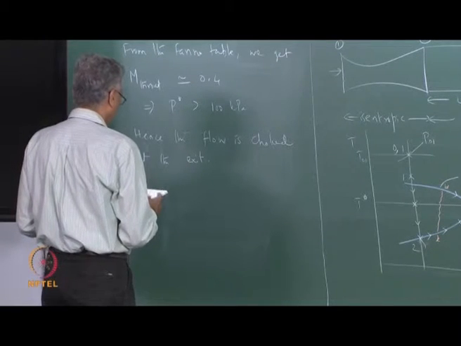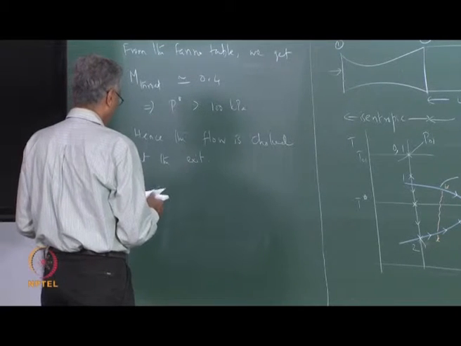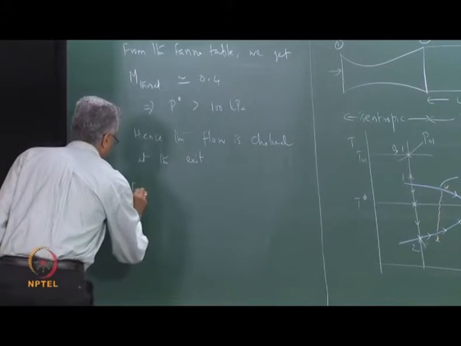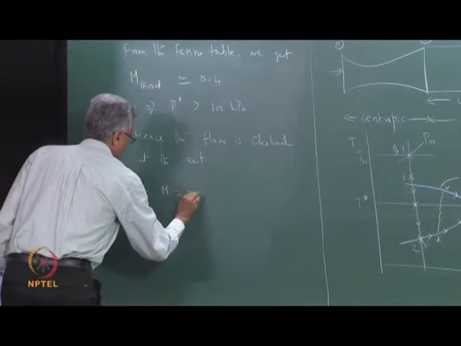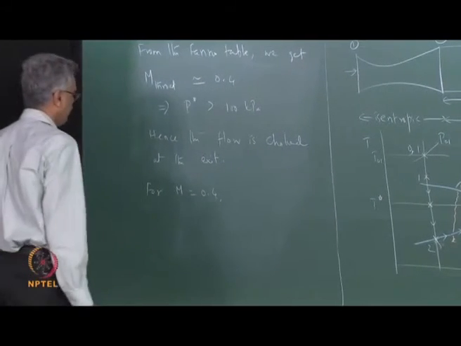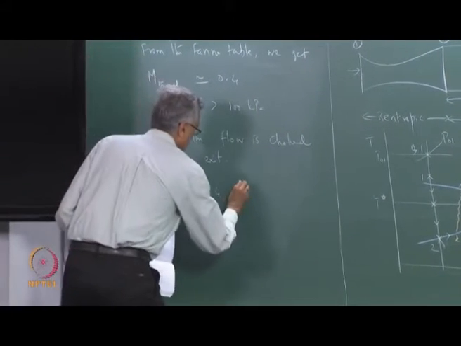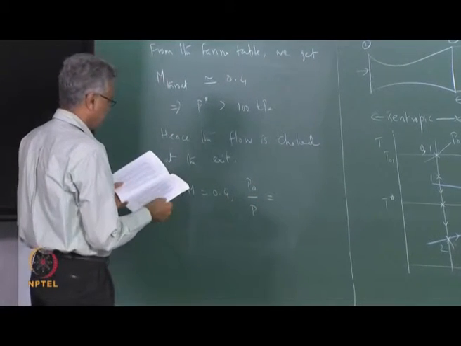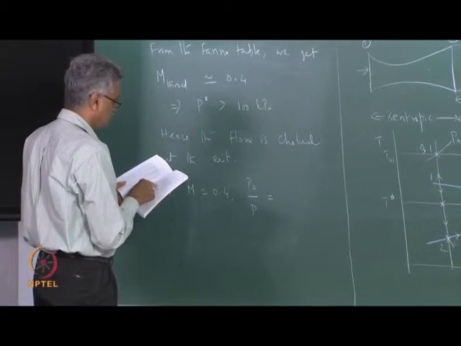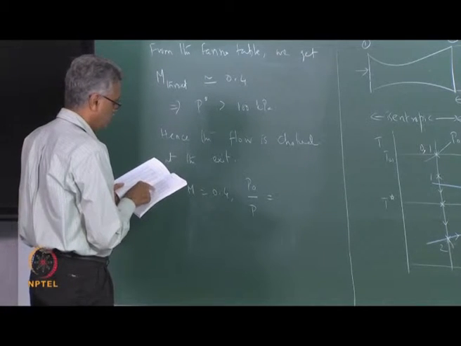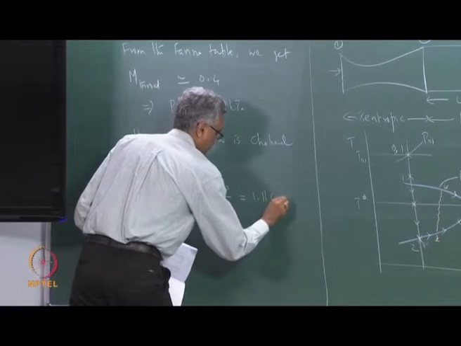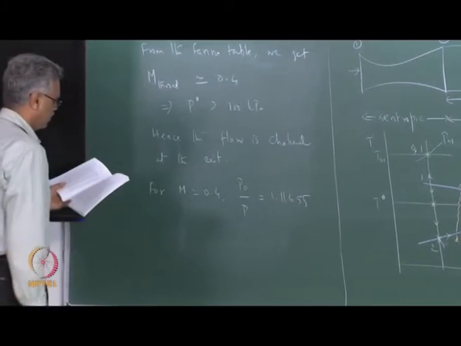So let us go to the table and get for M equal to 0.4, P0 over P can be evaluated as 1.11655 from the isentropic table.